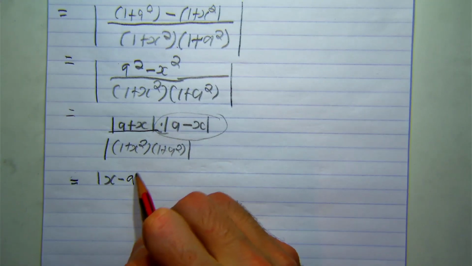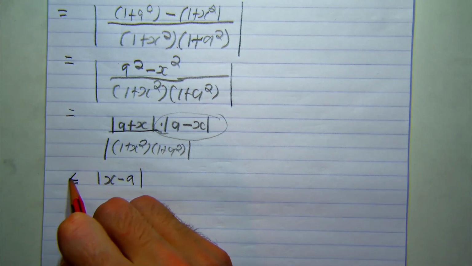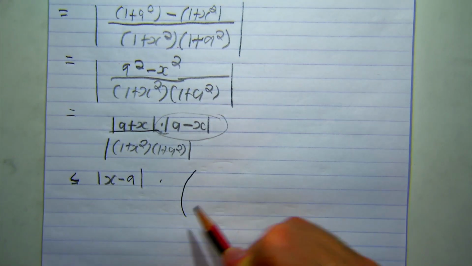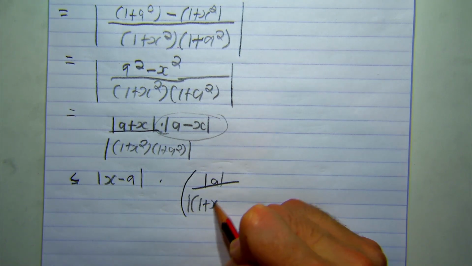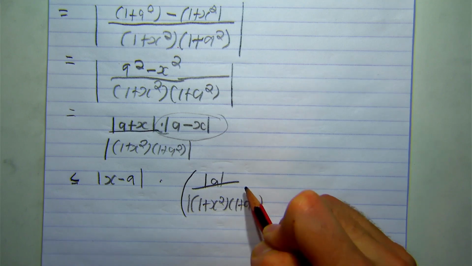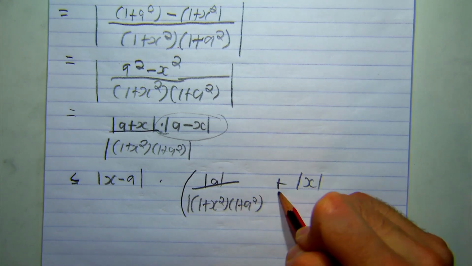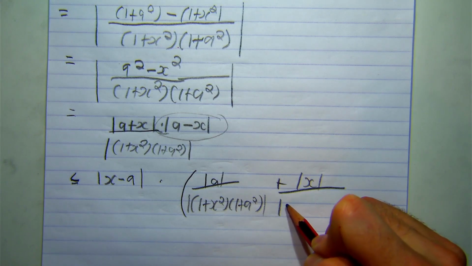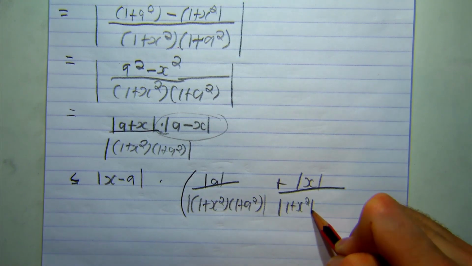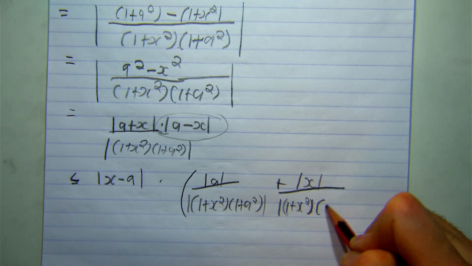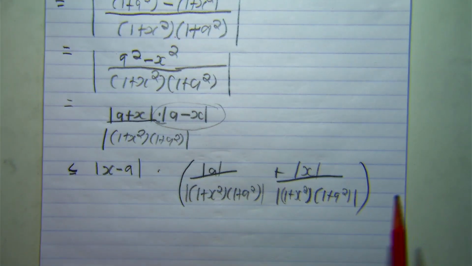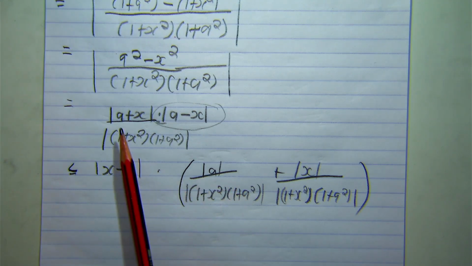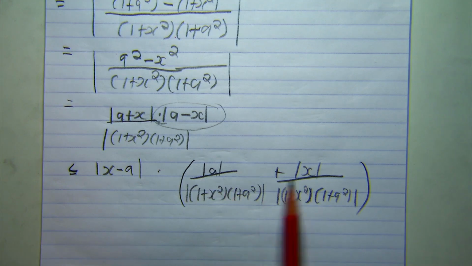|x minus a|. So this is less than or equal to |x minus a| multiplied by... So I'm using the triangle inequality here to separate the a plus x on the numerator into different terms.